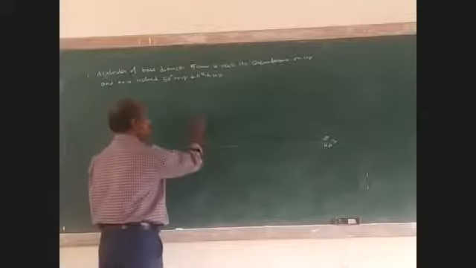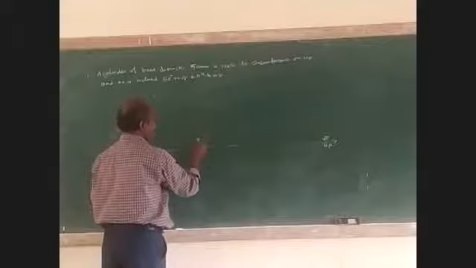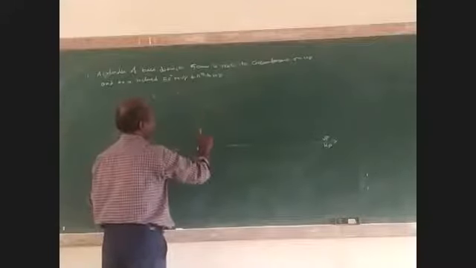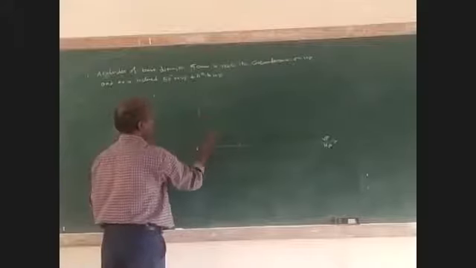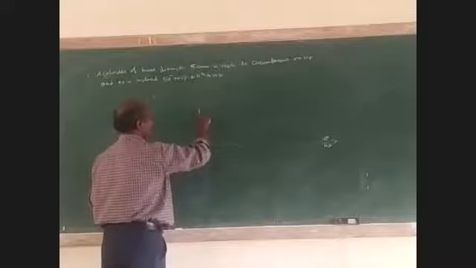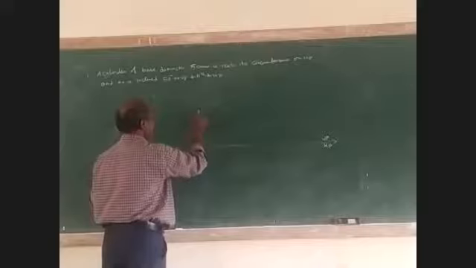Therefore, you can obtain the cylinder there. Circle is there. What is the radius? 25. Then you can obtain a cylinder.